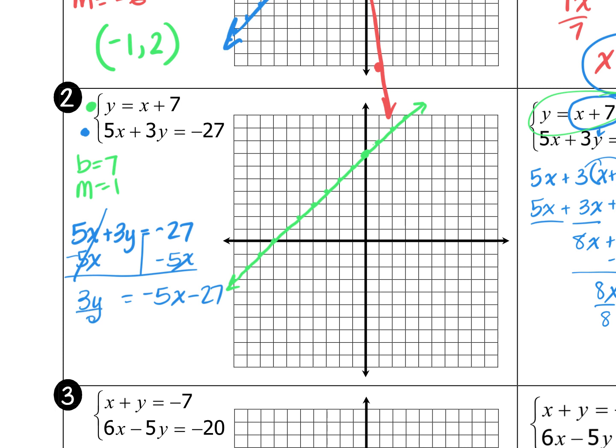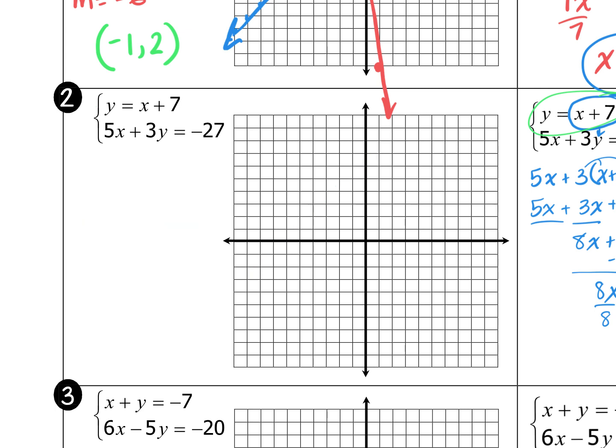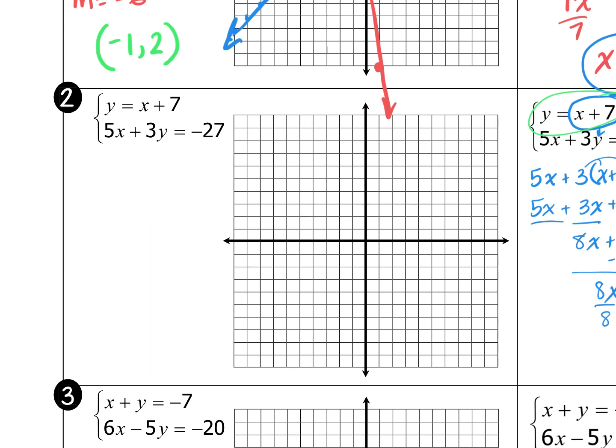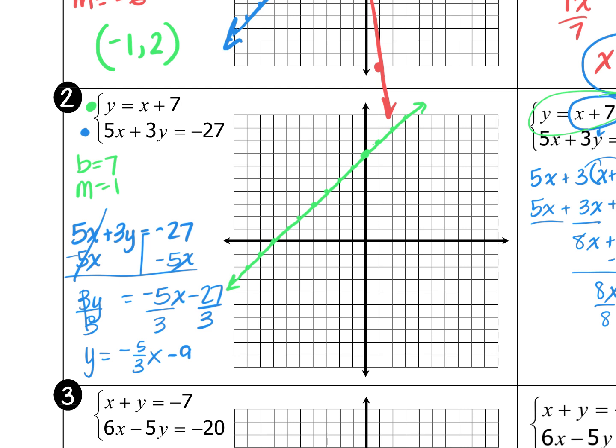Now we're going to divide everything by 3. We have to do everything. So we end up with this negative 5/3, which at first you might think, oh gosh, that's a fraction, but you know what? It's the slope, so it doesn't matter. And then negative 27 divided by 3 is what? Negative 9. So that means our y-intercept is negative 9, and our slope is negative 5/3.